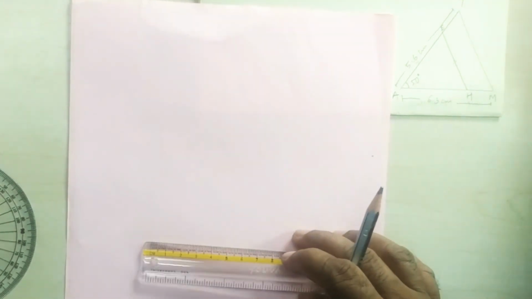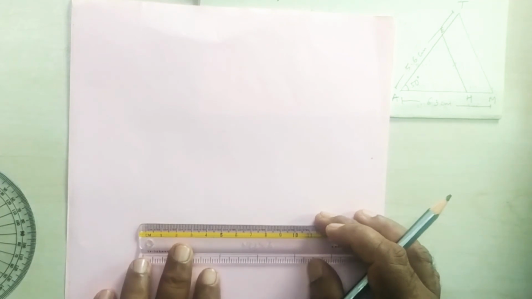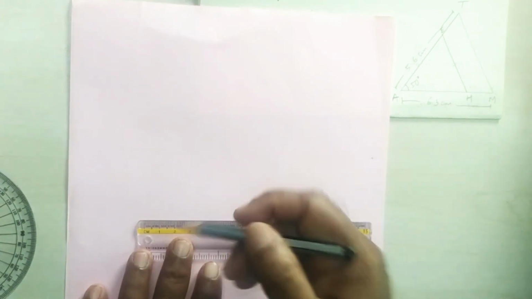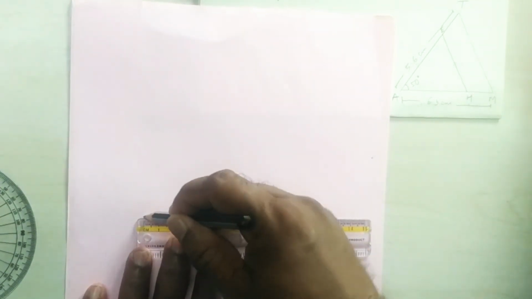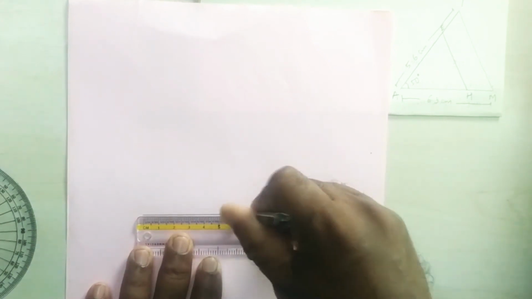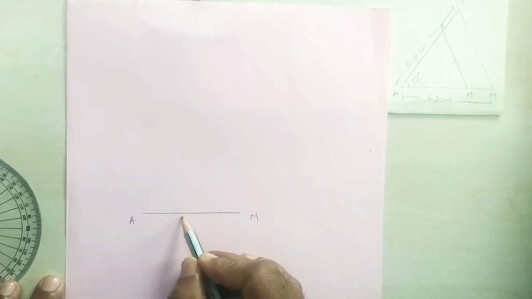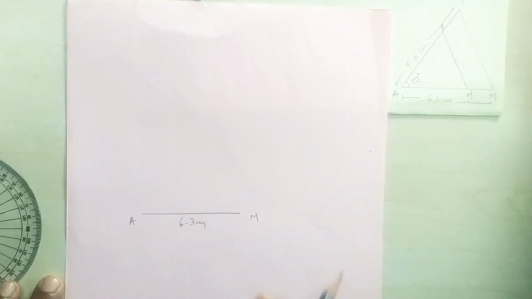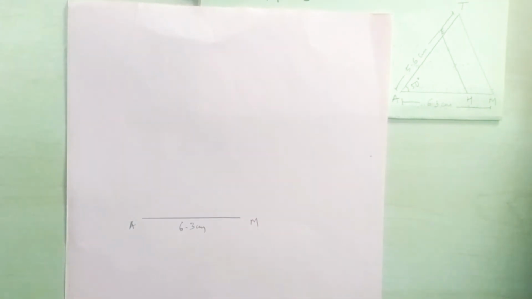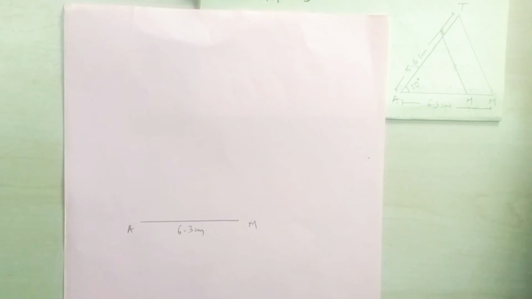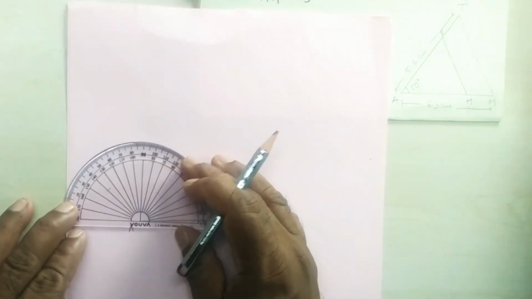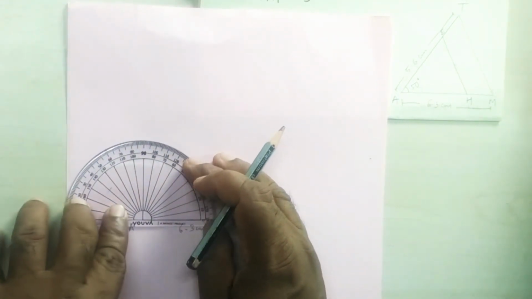First, draw AM of length 6.3 centimeter. AM is equal to 6.3 centimeter. With the help of protractor, draw an angle of 50 degree at point A, as angle TAM is equal to 50 degree.